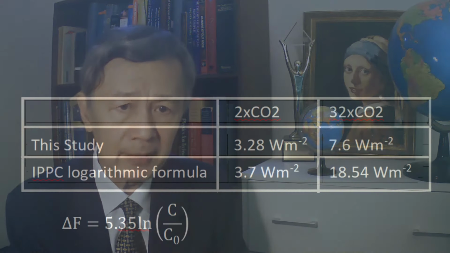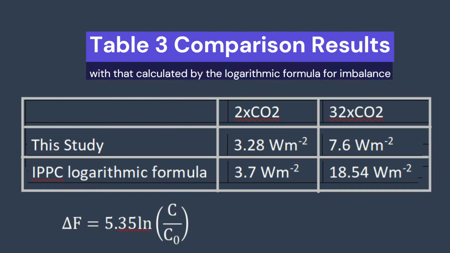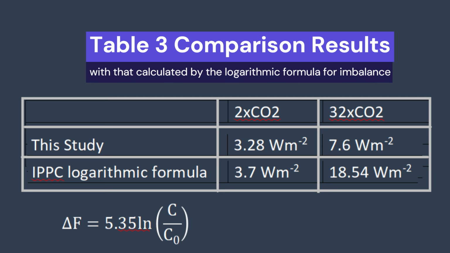Using the logarithmic formula endorsed by the IPCC, we can obtain their expected imbalances as shown in this table. As you can see, the imbalance 3.7 watt per meter square for CO2 doubling is very close to that obtained in this study, 3.28 watt per meter square.